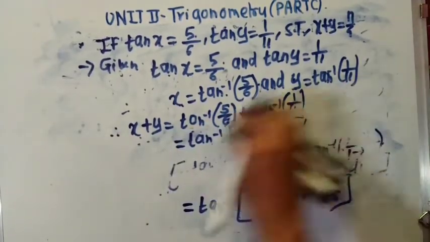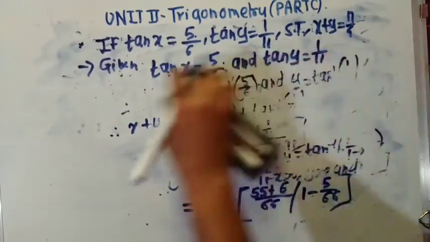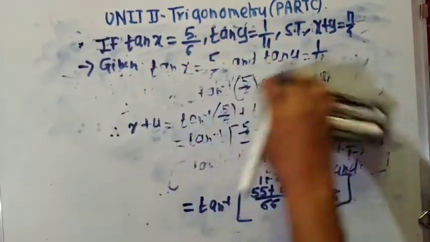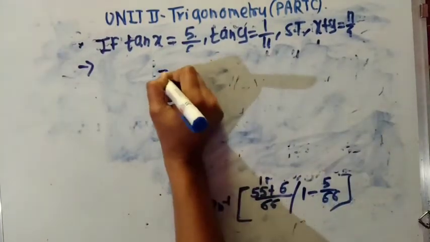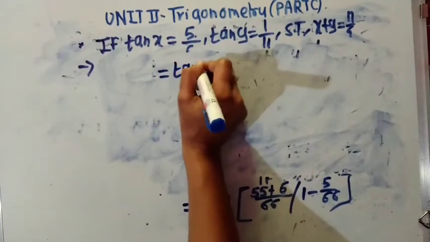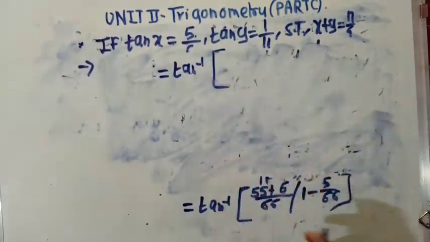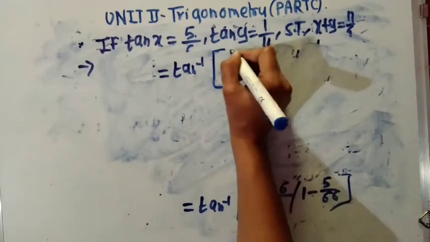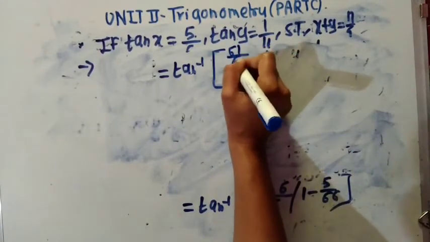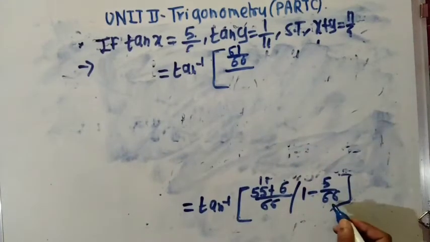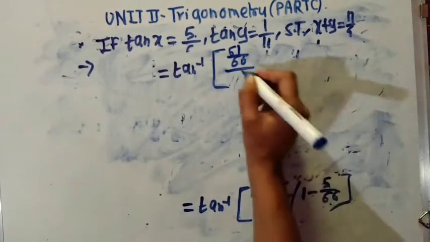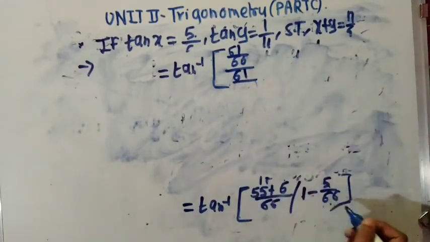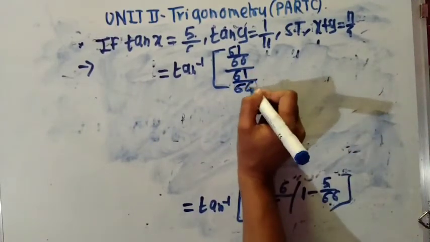Then, which is equal to tan inverse of 55 plus 6, that is 61, upon 66, and 66 minus 5 is 61 upon 66.